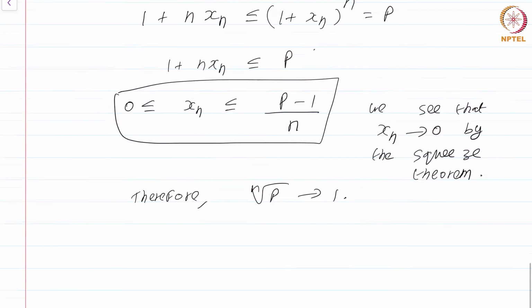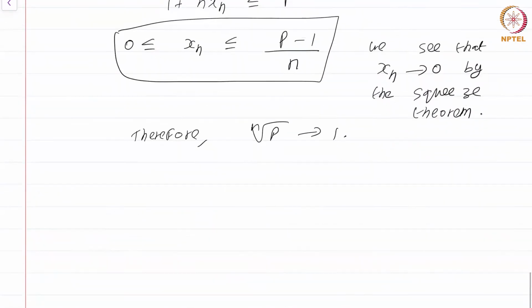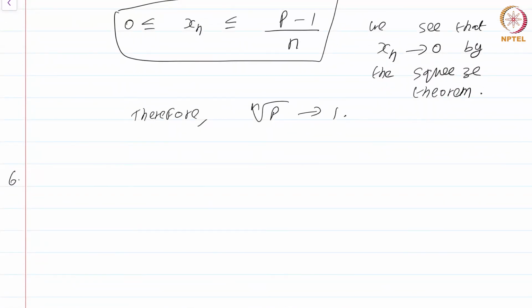Now on to the next example, which is example number 6. We do the same thing that we have been doing, except with a more complicated twist. The nth root of n converges to 1. Again, to tackle this, we will transform the sequence into a sequence that we want to converge to 0 by setting xn to be the nth root of n minus 1.